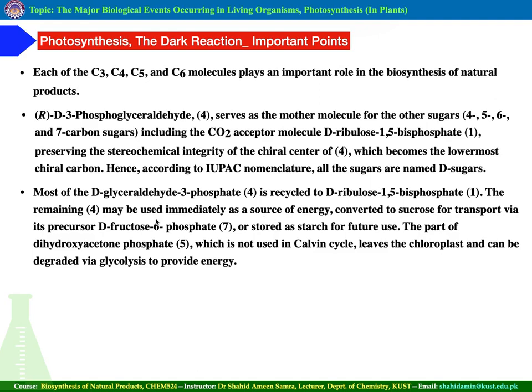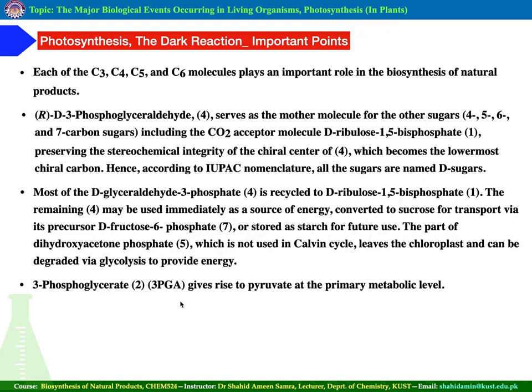The remaining will be used immediately as a source of energy, as we know that this molecule is an active intermediate in the process of glycolysis, and glycolysis is anaerobic oxidation of glucose. So it is an energy producing process. The part of dihydroxyacetone phosphate which is not used in the Calvin cycle leaves the chloroplast and can be degraded via glycolysis to provide energy.